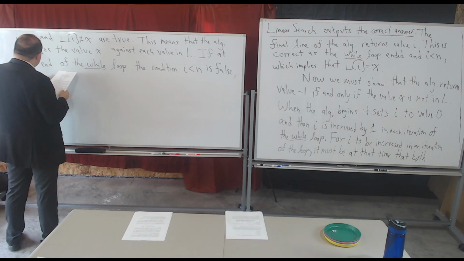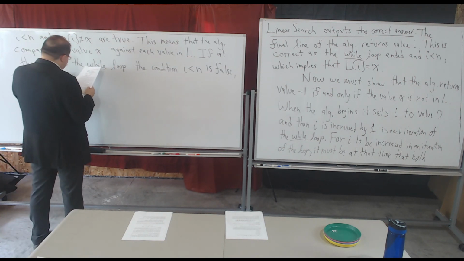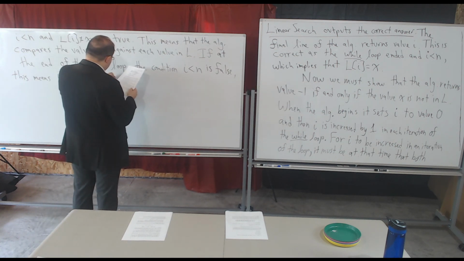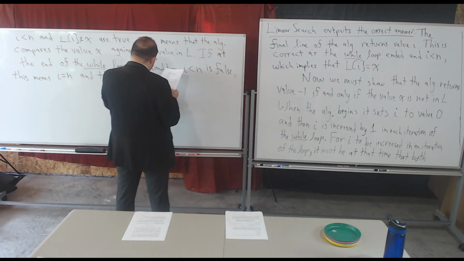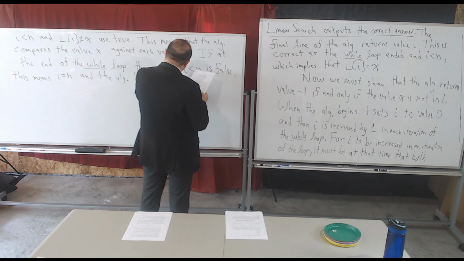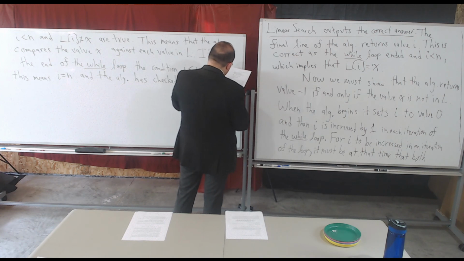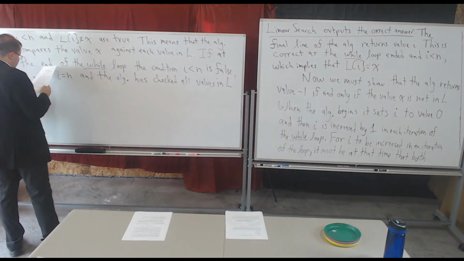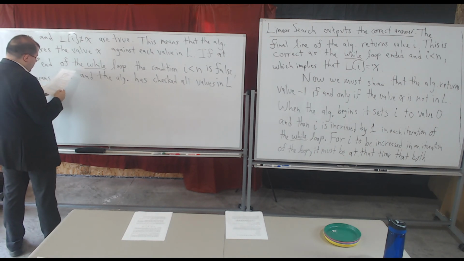This means I is equal to n, and the algorithm has checked all values in L, and none of them equal x.